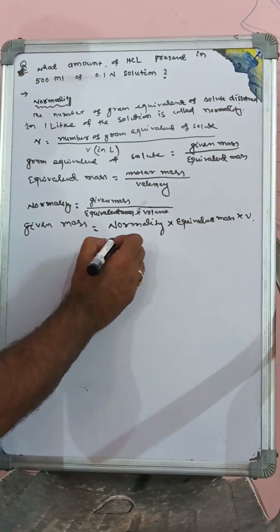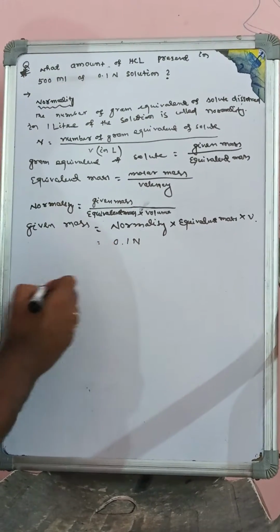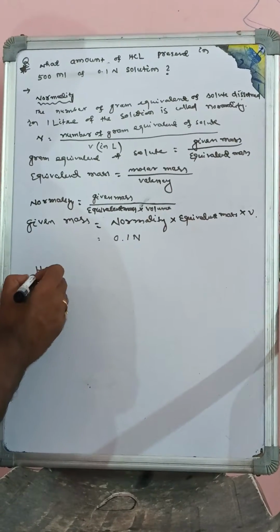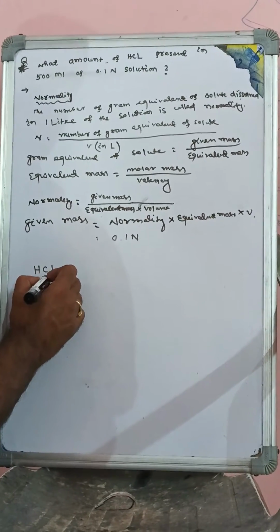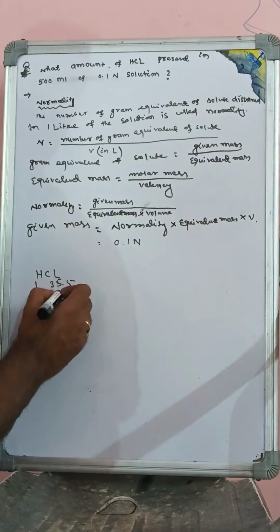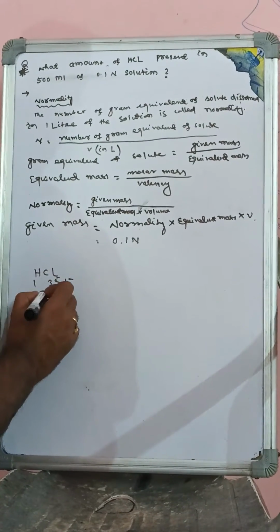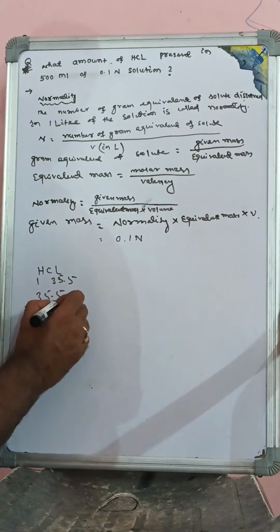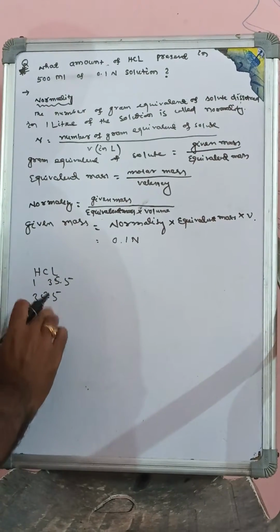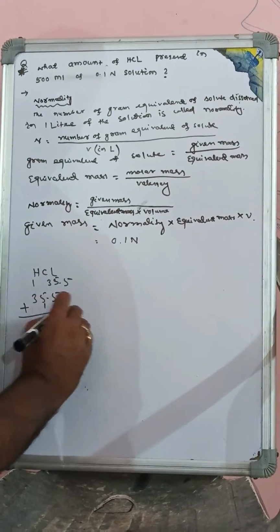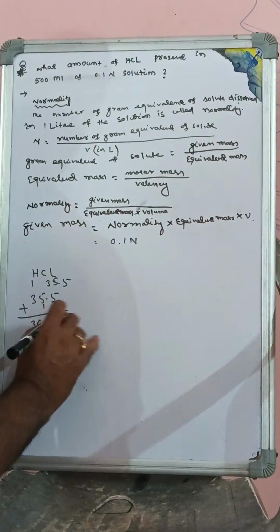Then normality, we know, is 0.1 N HCl. H is 1, Cl is 35.5, so 35.5 plus 1 is equal to 36.5.